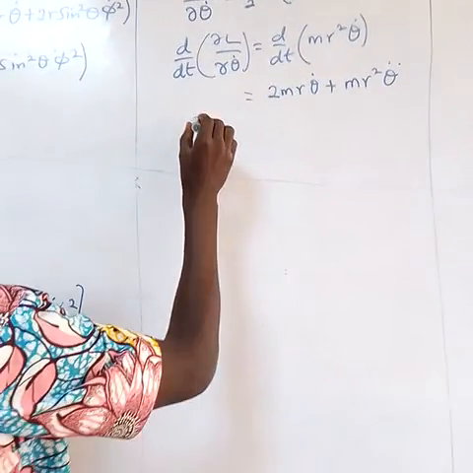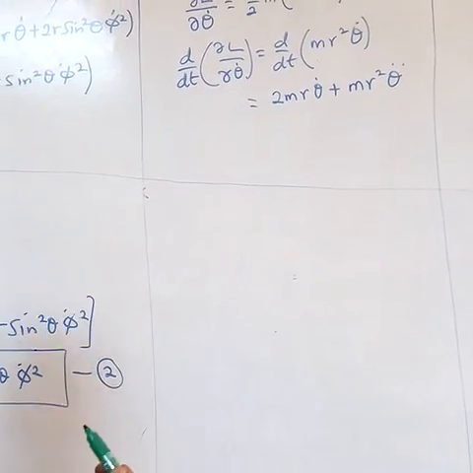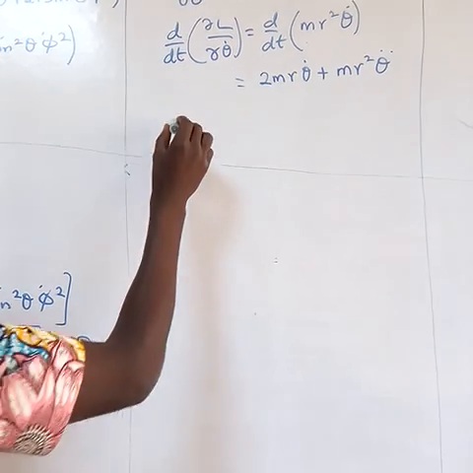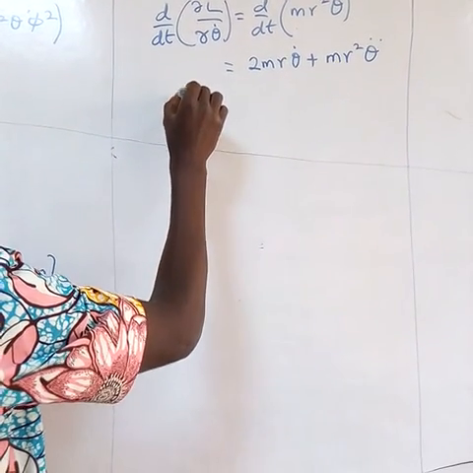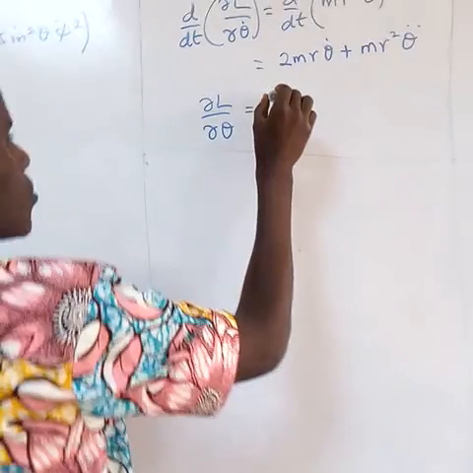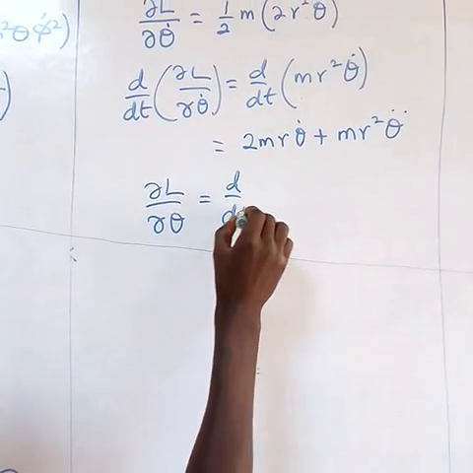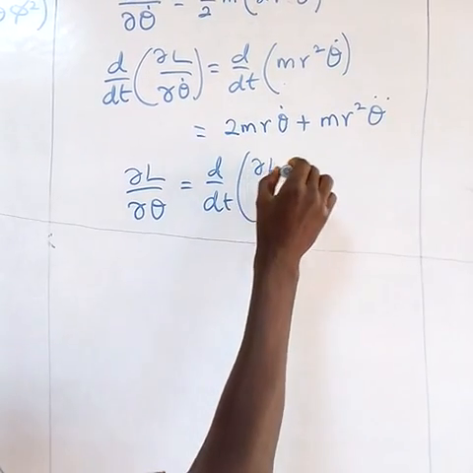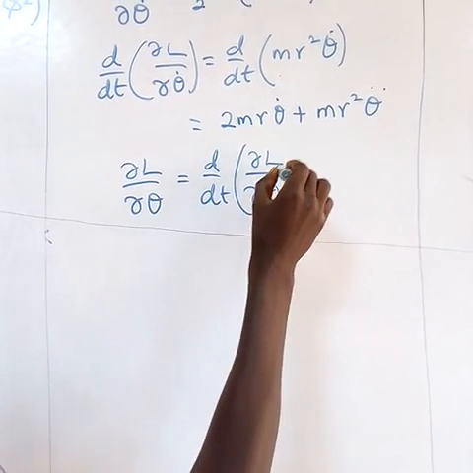So if we reintroduce everything back into this particular expression, partial L by partial theta is equal to d dt into partial of L partial of theta dot.